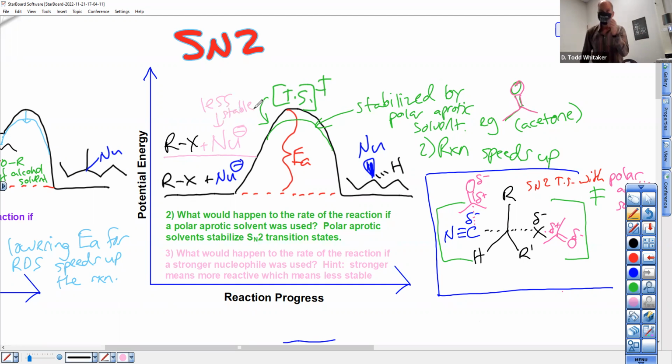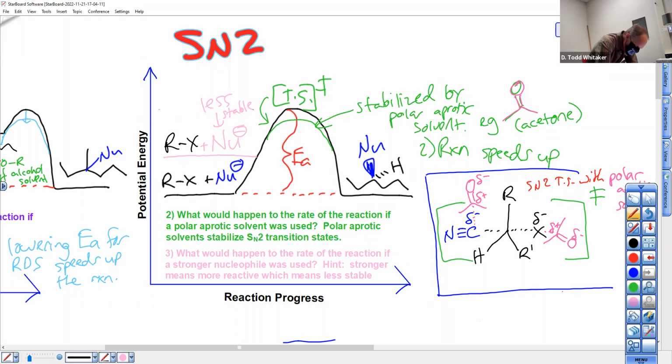Less stable. This does not change the top of the hill. It's the same transition state you have to get to. So you didn't drag it down or push it up. So you're starting from the pink to the top of the hill compared to starting with the black to the top of the hill. Which one's faster? The upper one, that's right.